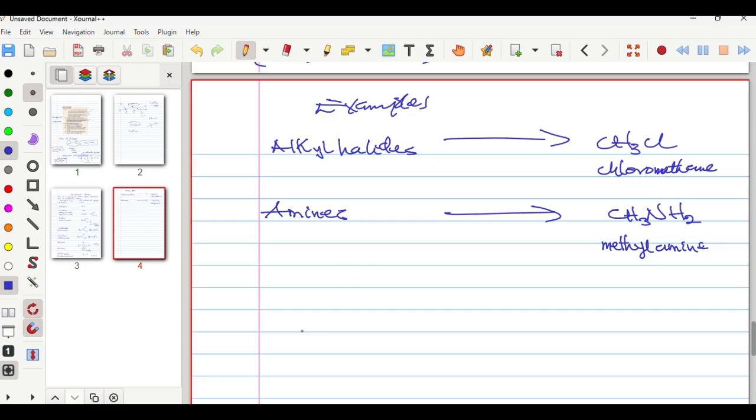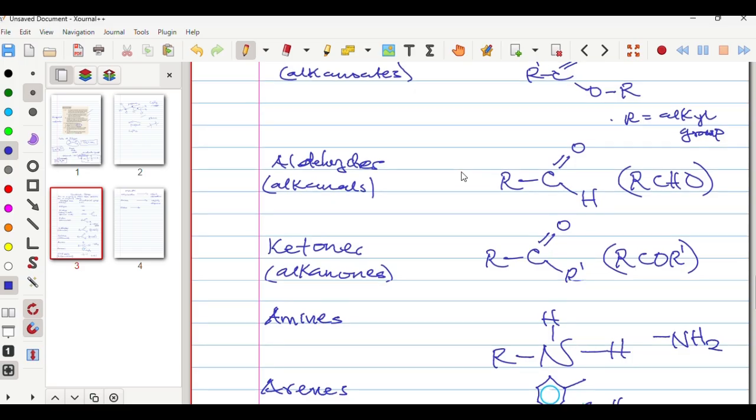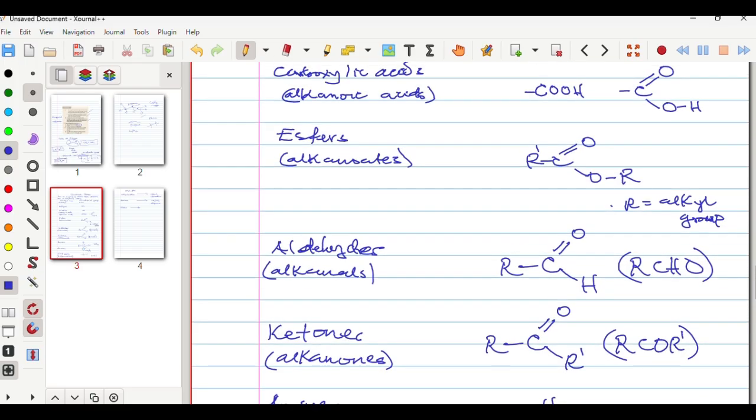Okay, let's go to ester, if you remember. Ester is RCOOR prime. That is ester, if you remember, up there. I didn't put it in brackets. It's RCOOR prime.